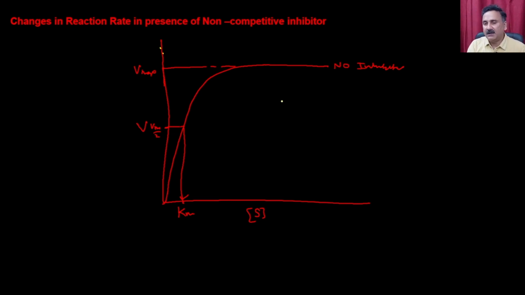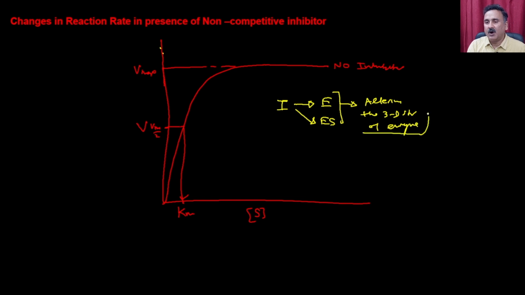Okay, remember that the inhibitor is actually interacting with the enzyme, and the inhibitor is also interacting with the enzyme-substrate complex, and as a mechanism it is changing or altering the 3D structure of the enzyme. Or I'll say it is changing the 3D conformation of the active site.